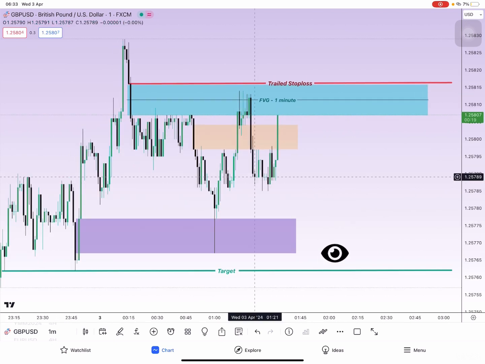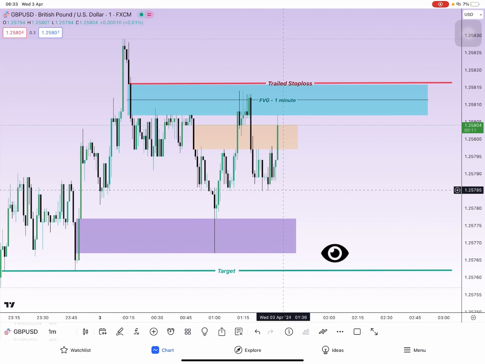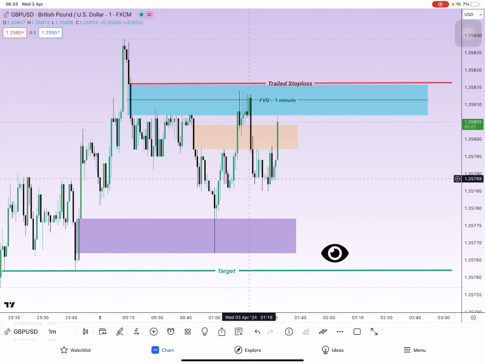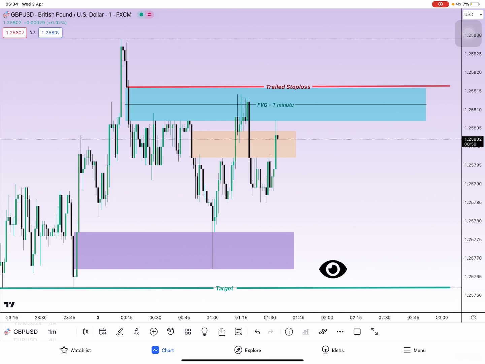So this bearish momentum was not of enough volume and got rejected back from this zone, which is, I don't know why it is rejecting from here, but that's it. That is what it is. So we are now in this gap.